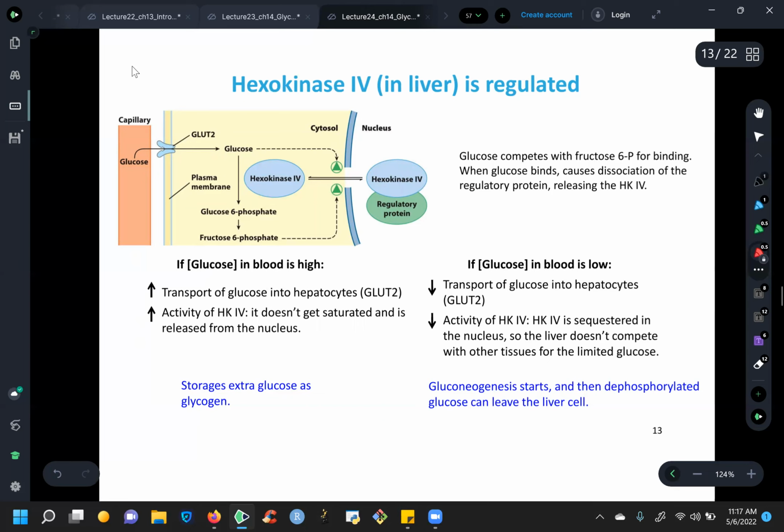So we have the capillaries, that's glucose in your blood. It goes in through your GLUT2 receptor, and then it's turned into glucose 6-phosphate, fructose 6-phosphate, and then it goes here. And then this is where you have your hexokinase 4, and then it can be taken into the nucleus.